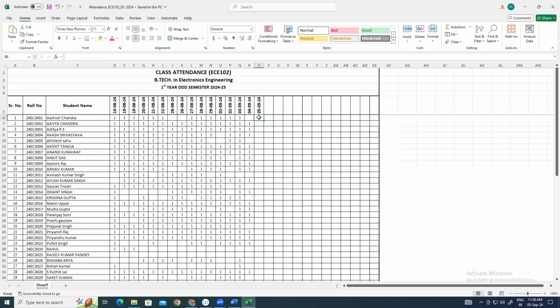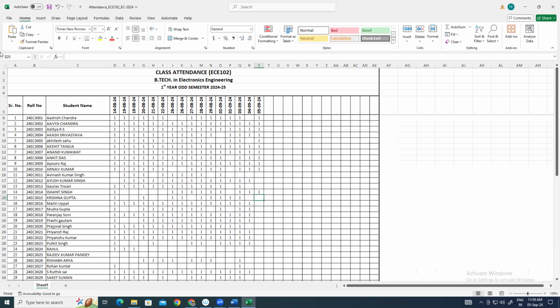Roll number Ashish Chandra. Present, sir. Abhya. Present, sir. Aditya. Present, sir. Akash. Present, sir. Akhilesh. Present, sir. Akshit. Present, sir. Anand. Present, sir. Ankit. Present, sir. Apurva. Present, sir. Arnav. Present, sir. Avinash. Ayush. Gaurav. Ishant. Yes, sir.